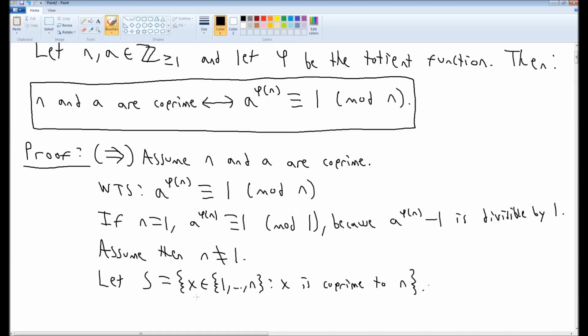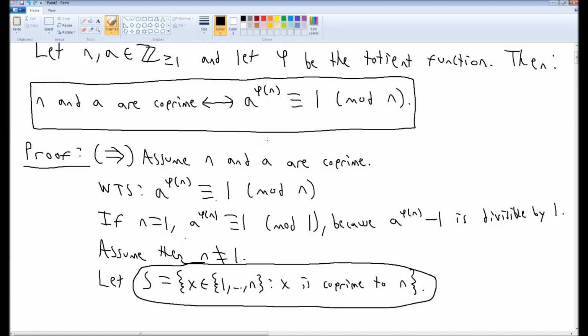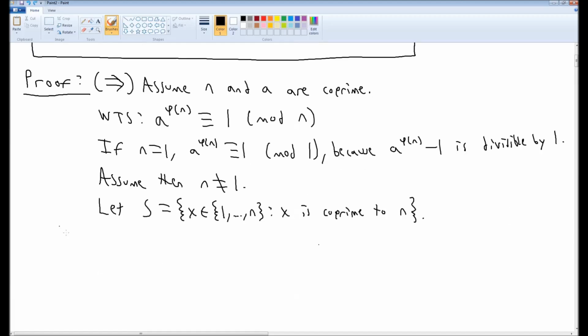Let S be the set of integers between 1 and n inclusive, which are coprime to n. How many elements is this going to have? Well, it's going to have phi of n, of course, because remember, phi of n just means how many elements between 1 and n are coprime to n. So let's list them out.